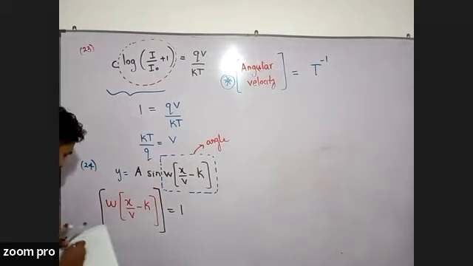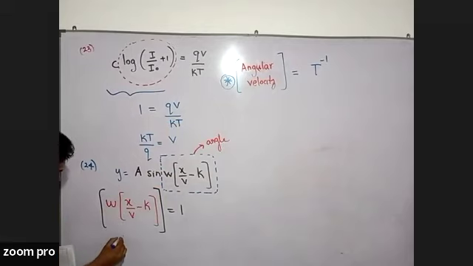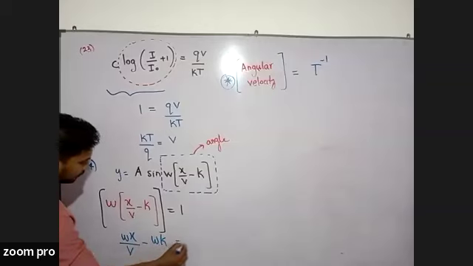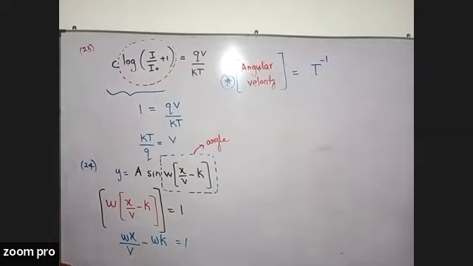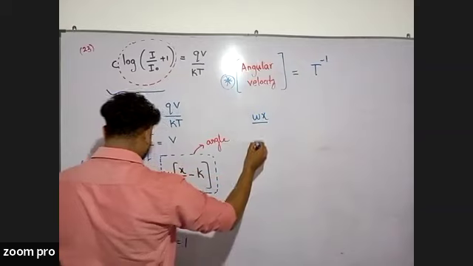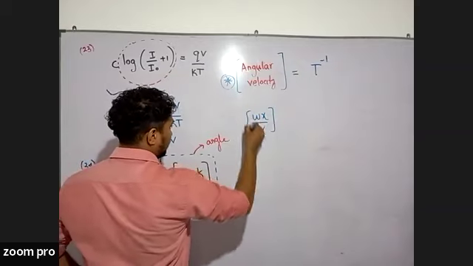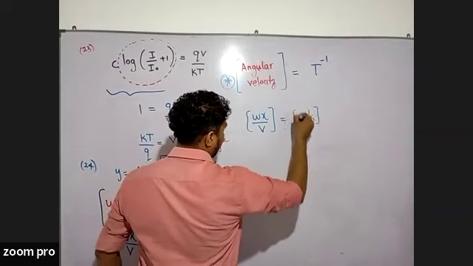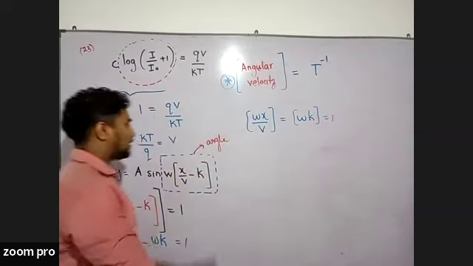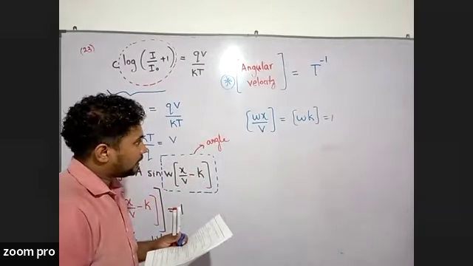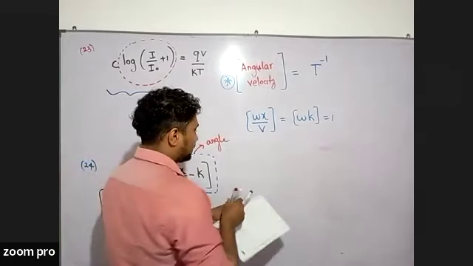Now, if I expand this equation, I can obtain that wx over v minus wk equal to 1. Now, according to the dimensions theory, dimensions of wx over v equal dimensions of wk, and it should be equal to 1 because those are mentioned as an angle, right? So, in order to obtain the value for k, let's consider these two.